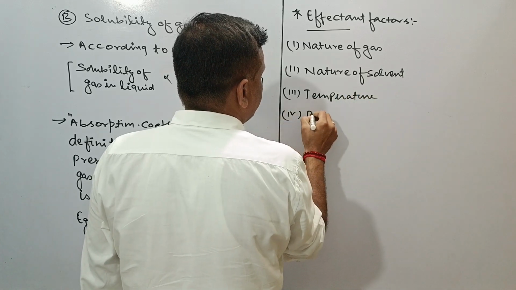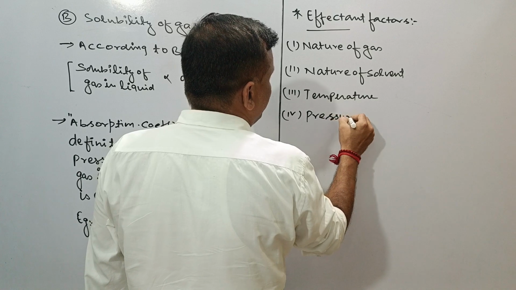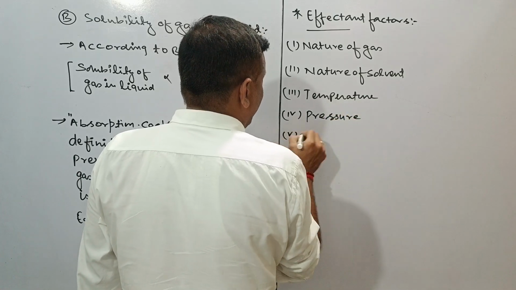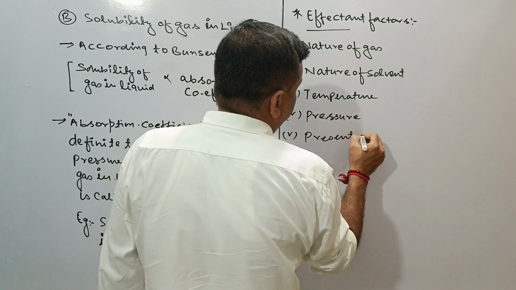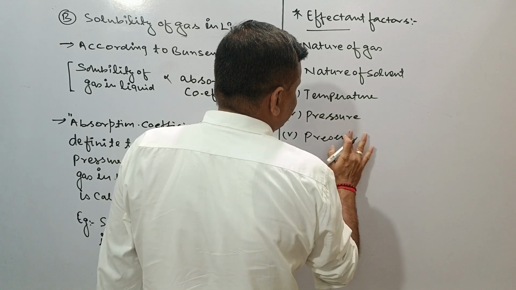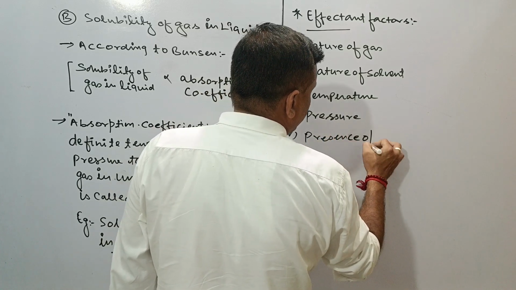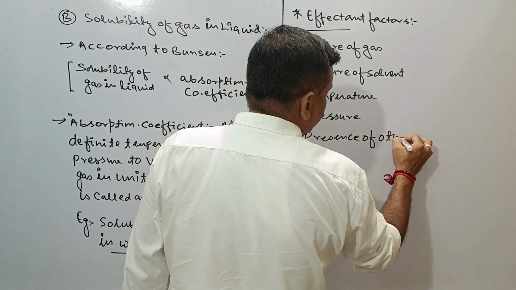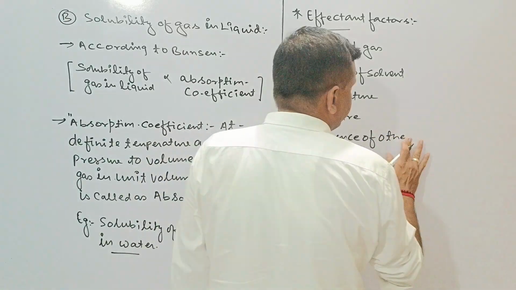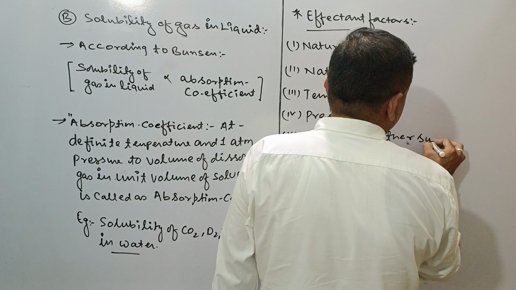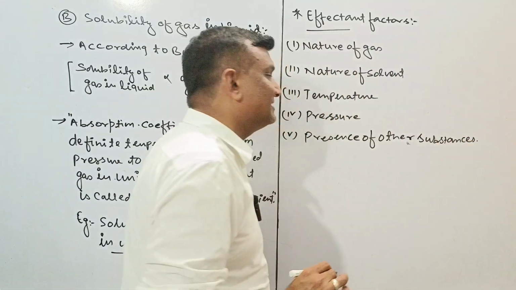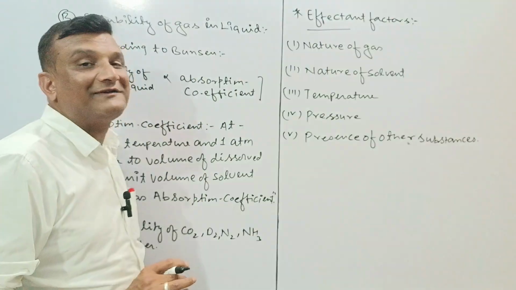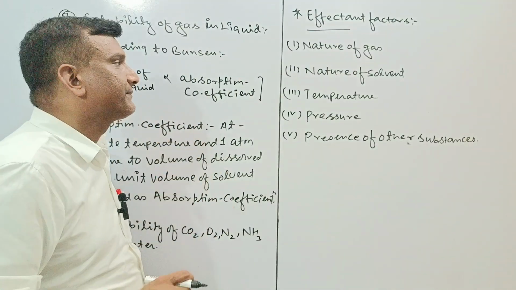Fourth is pressure, and fifth is presence of other substances. These are the affecting factors of the solubility of gas in liquid.